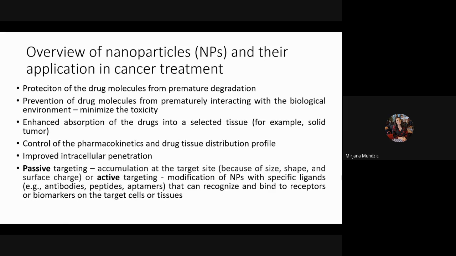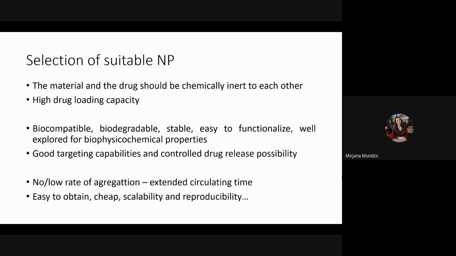In that manner, they can recognize and bind to the receptors or biomarkers that are overexpressed on the targeted cells or tissues. In that way, those nanoparticles can spend more time at that specific site, and in that manner release more of the cargo, the drug, at the specific site.